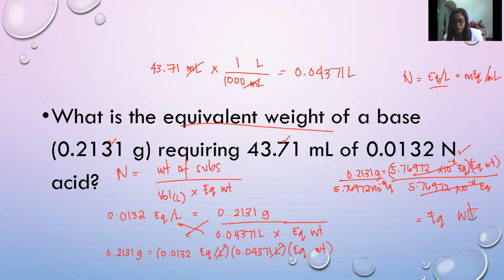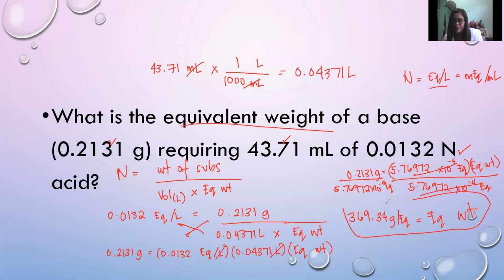So 0.2131 divided by 5.76972 times 10 to the power of -4 is 369.34. It depends on how many decimal places you used. If 2 decimal places, then 369.34. The unit is grams per equivalent.